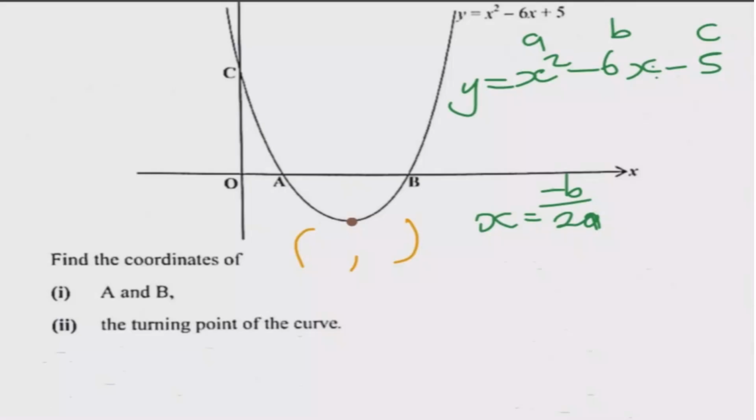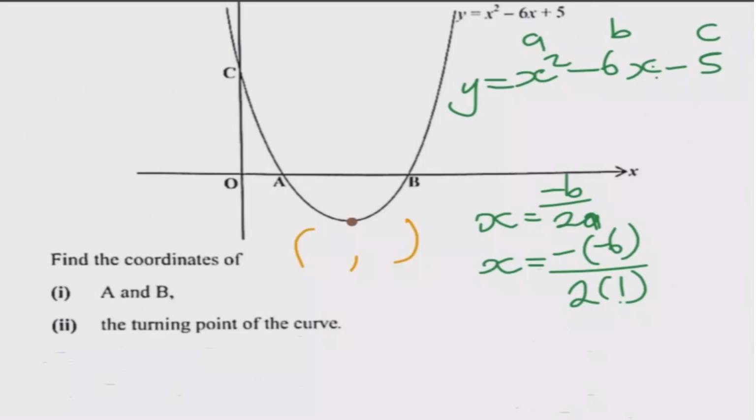So now we can go ahead and do the calculation. Negative b, so we have minus, then the value of b is negative 6, over 2 multiplied by the value of a, which is 1. The coefficient there is 1, we just want to indicate it.